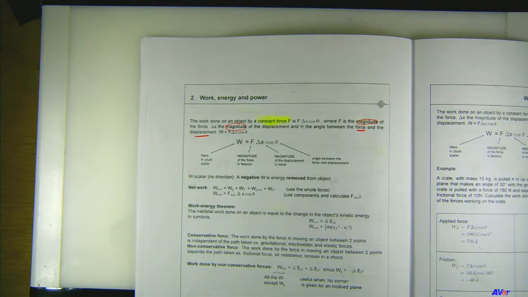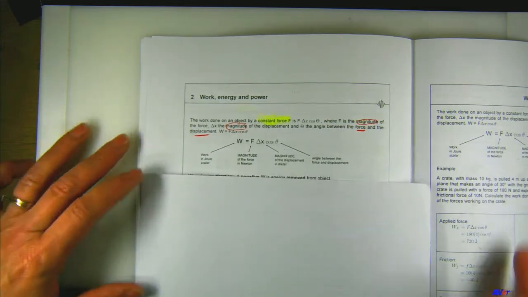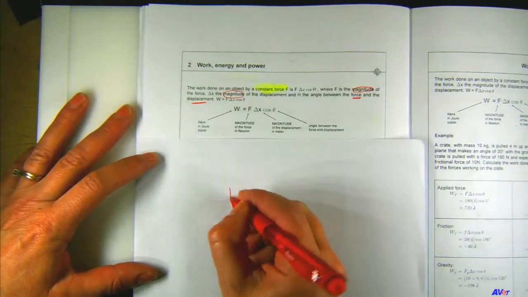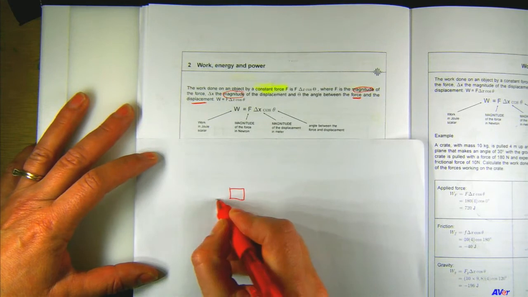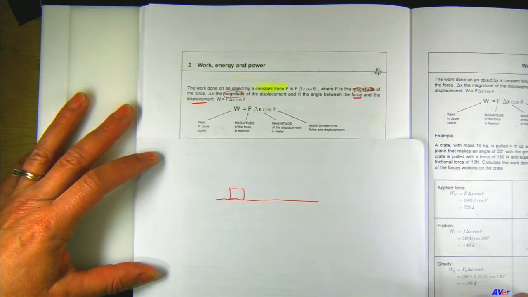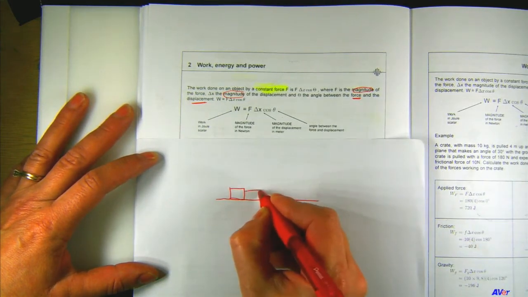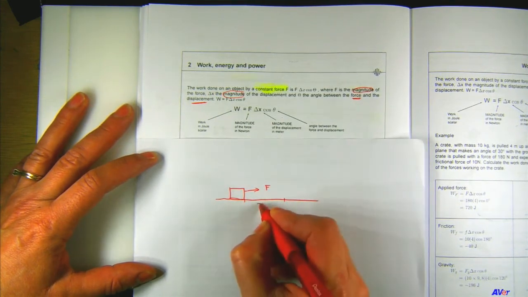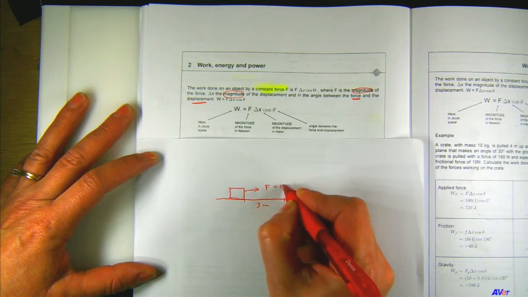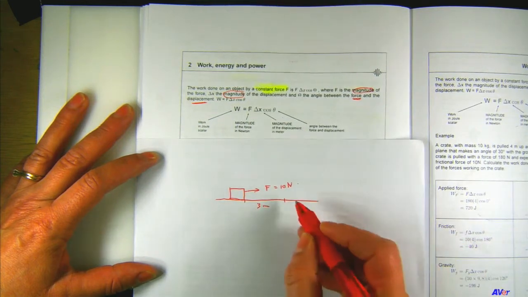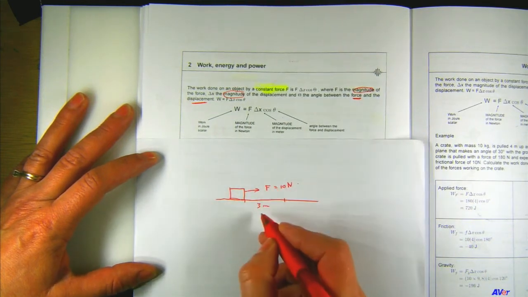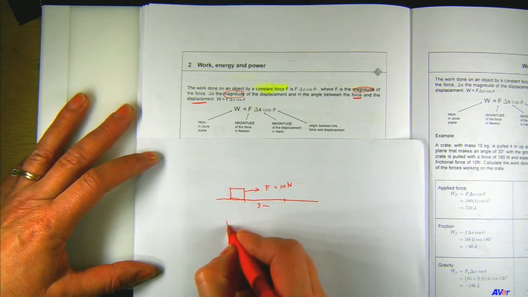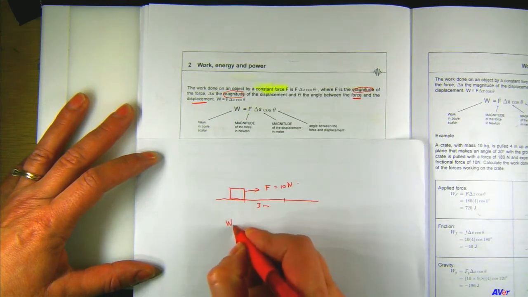Now, learning the definition by heart is one thing, but applying it is something else. So we have to know how to apply it. Say, for instance, a crate on a horizontal plane, and you are pulling it to the side with a force F, you're pulling it 3 meters, say the force is something like 10 newtons, and they ask you, what is the work done by this force?